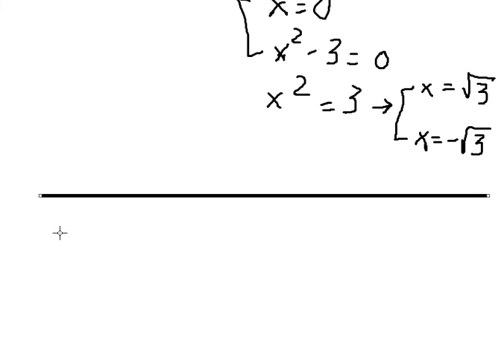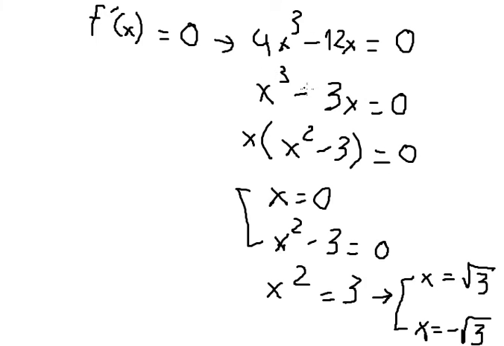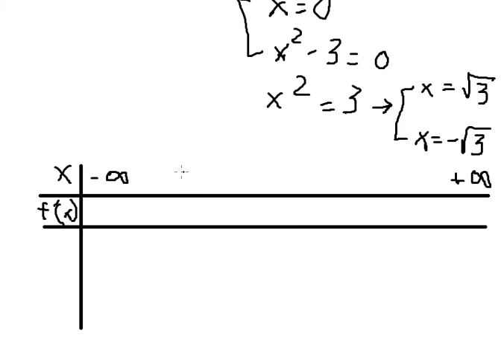Now we can draw the table. This is the variation table. So we have s, then the first derivative of the function, and we have negative infinity and positive infinity. Now we put the solutions of the first derivative in here.